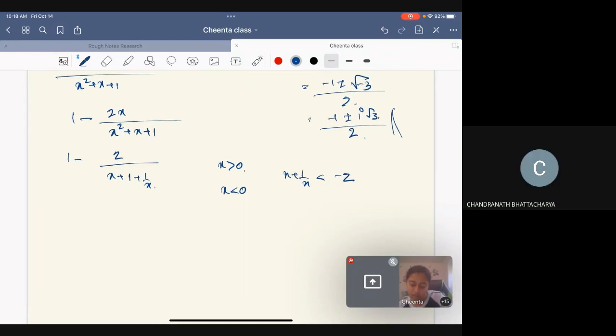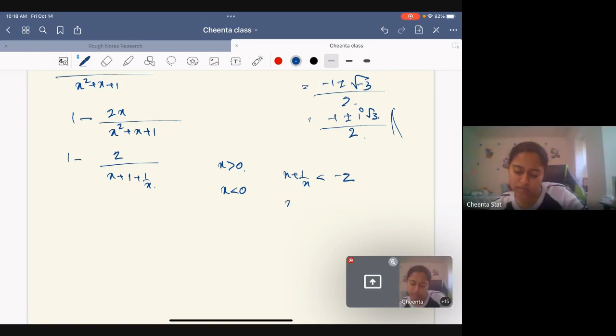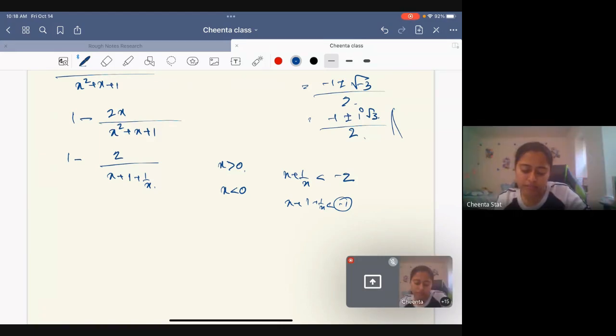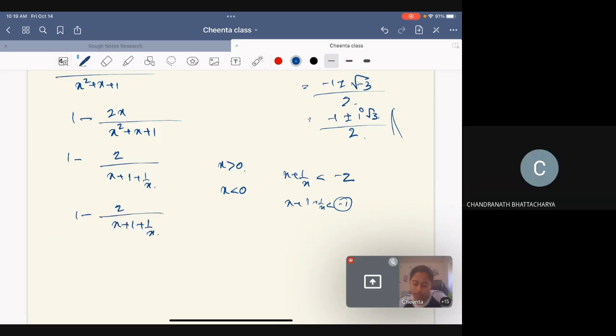Then, ma'am, x plus 1 by x is less than or equal to minus 2, so 2 by x plus 1 by x is greater than or equal to minus 2.